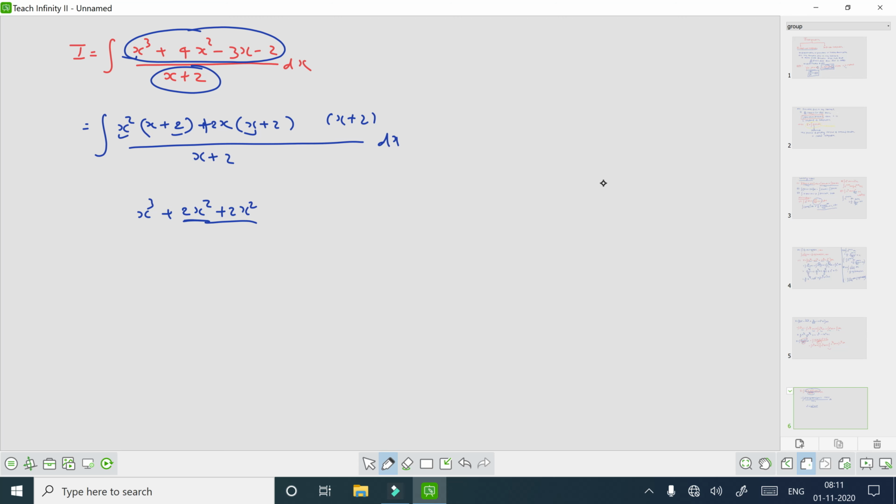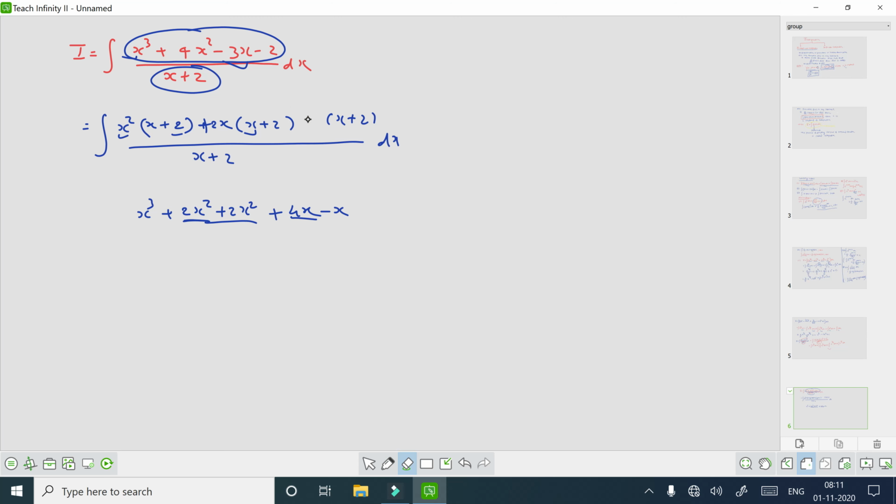So we get the second term. Plus the extra term we get here, 4x. 2x into 2 comes out 4x. But here we want minus 3x. 4x minus 3x, sorry, only minus sign is there. 4x minus x, then it comes out plus x. But what we want? We want minus 3x.